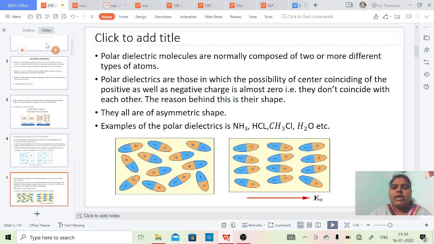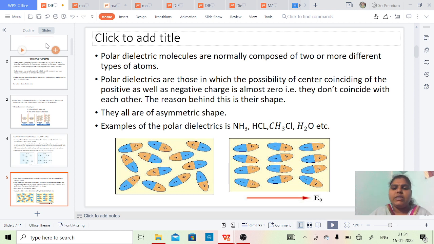In polar dielectrics, the centers of the positive and negative charges do not coincide with each other.